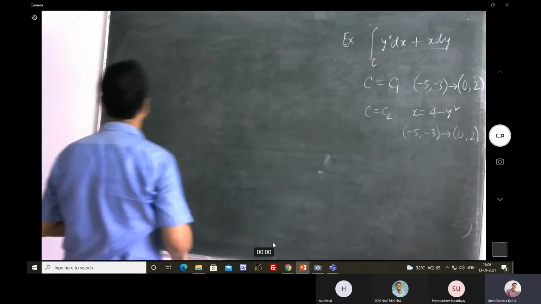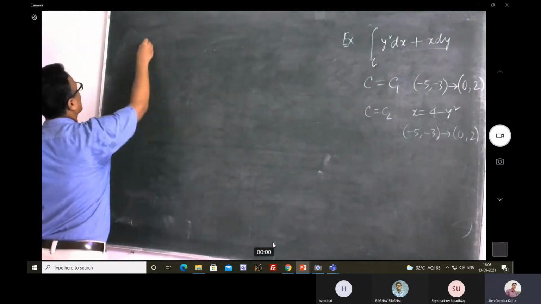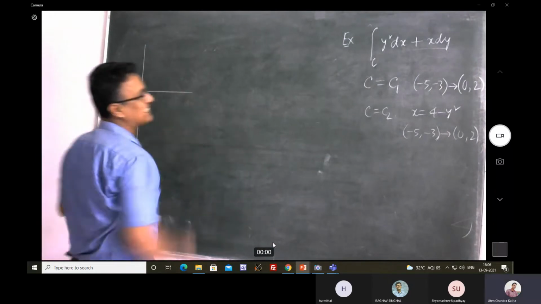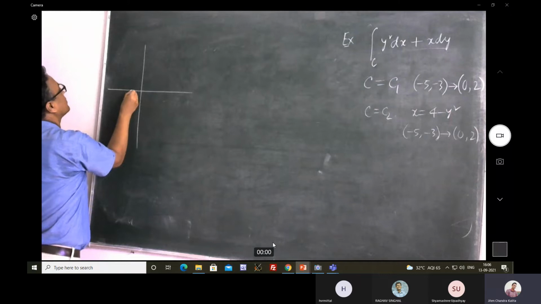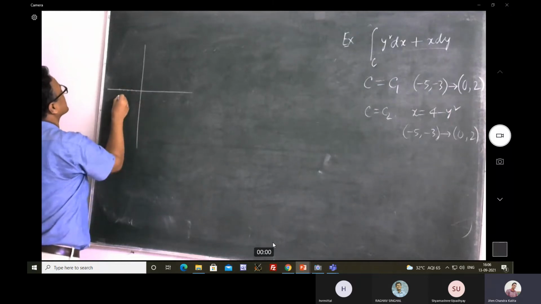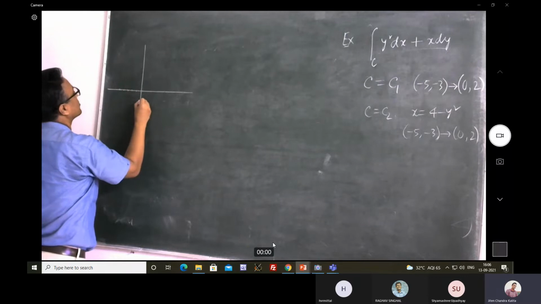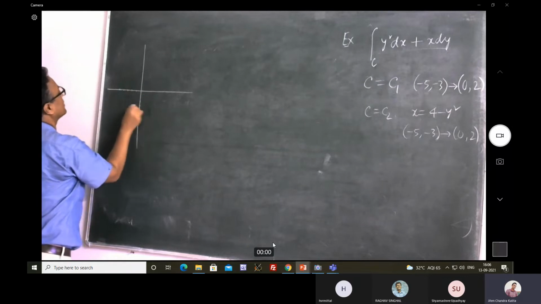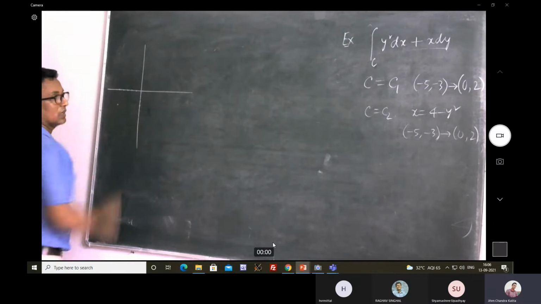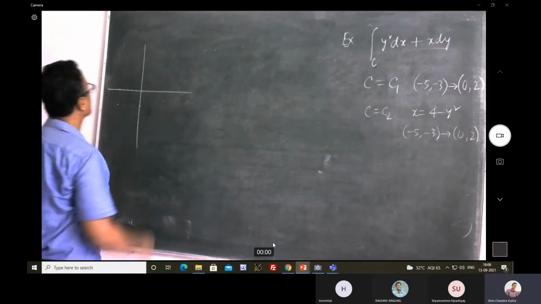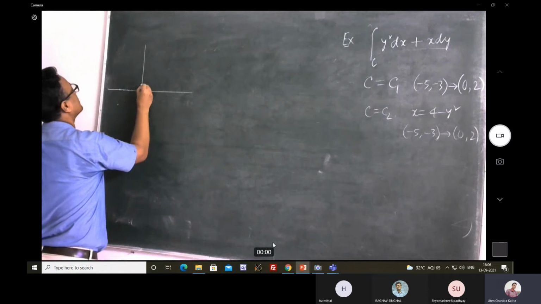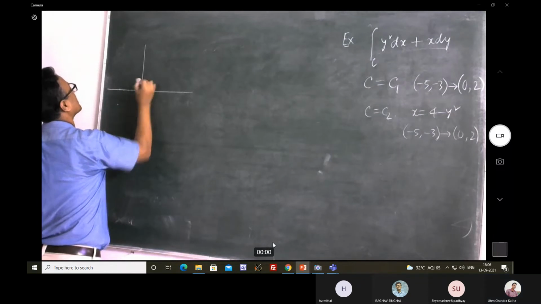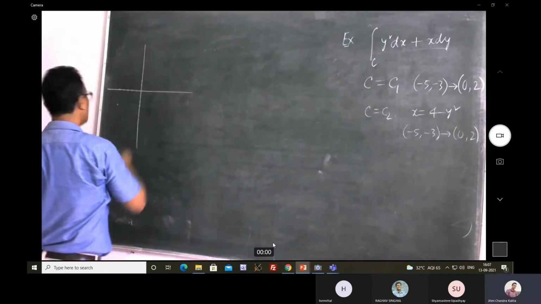Let us sketch it: the point (-5, -3), and then (0, 2).